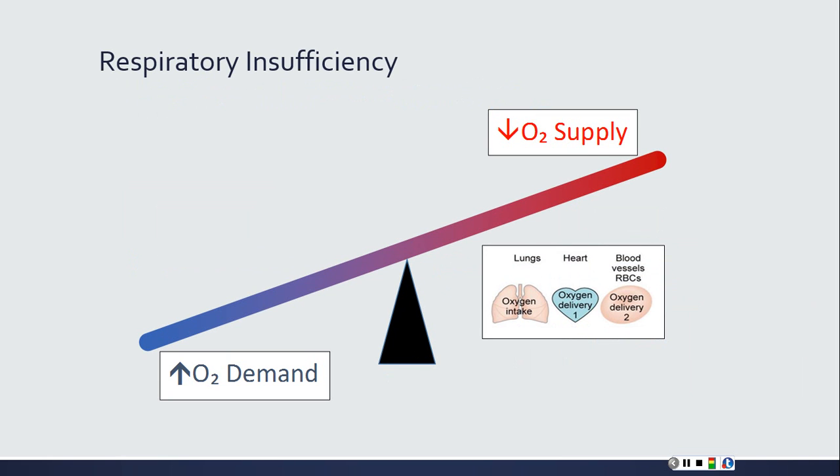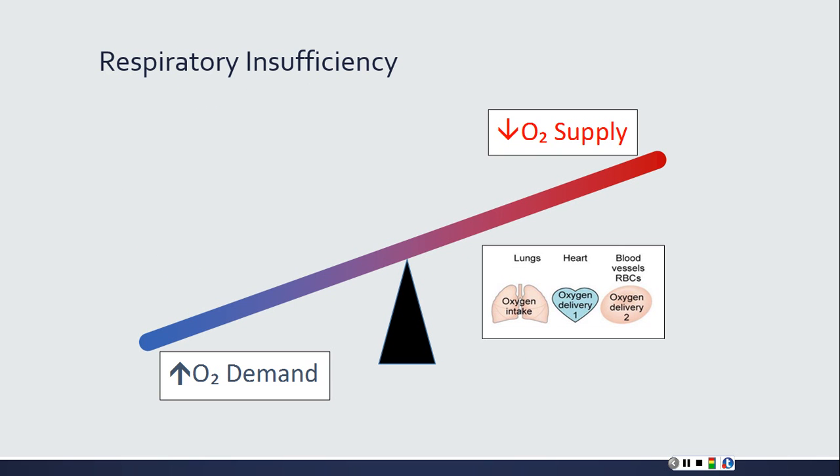You increase the demand, so you throw a big pile of demand over on this side. If you can't bring in more oxygen to level it out, that's the body's goal: equilibrium. Everything wants to return to baseline.